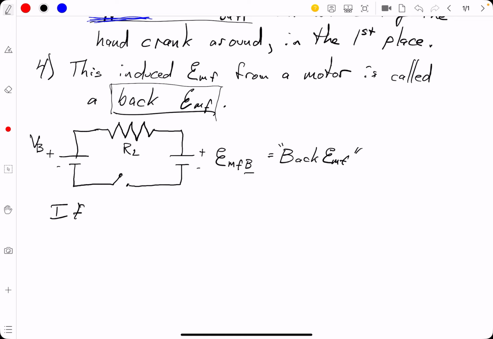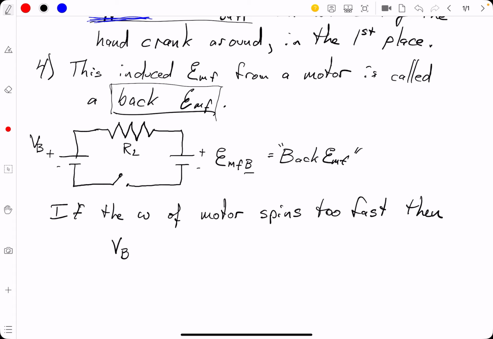If, let's say, the omega of the motor spins too fast, then V_B is less than our EMF back.